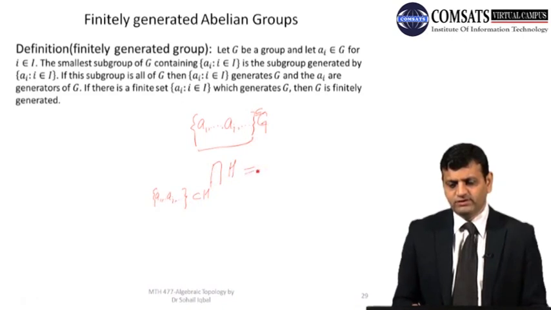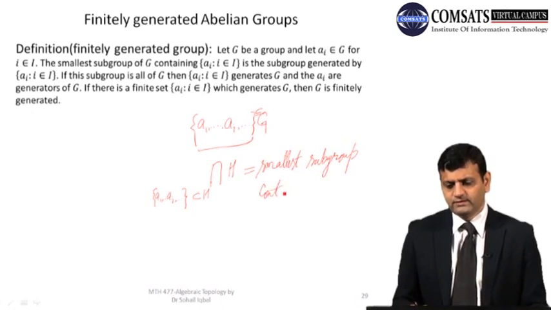Then this is the smallest subgroup containing a1 up to an.